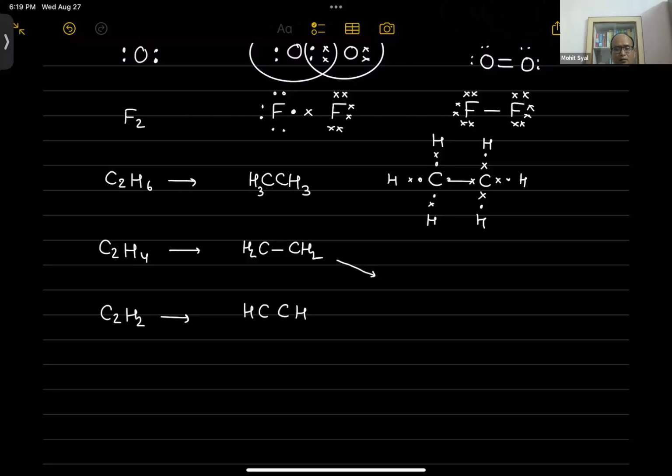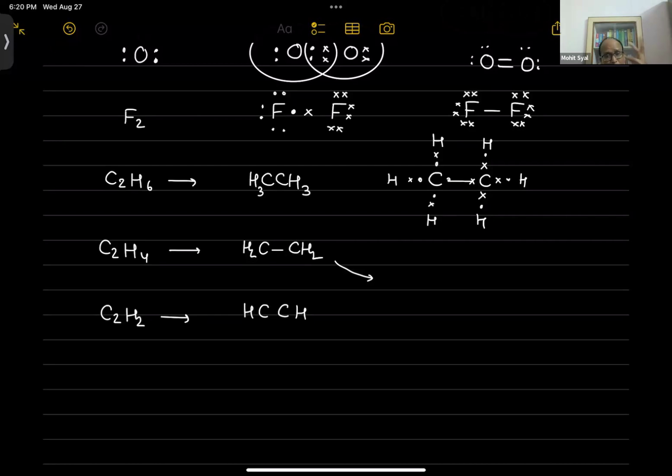So just try to figure out how we are going to do that. Carbon needs to share 4 of its valence electrons because it has 4, so it needs to share all 4 to make them 8. Is that clear or not? Yes, sir. So how are we going to do that?